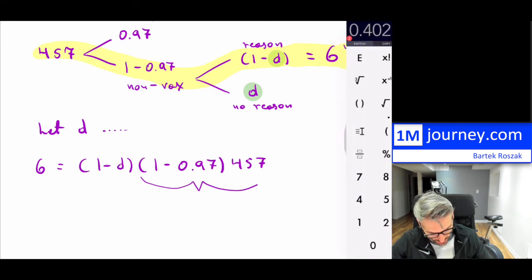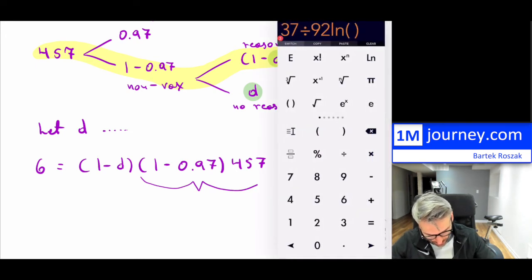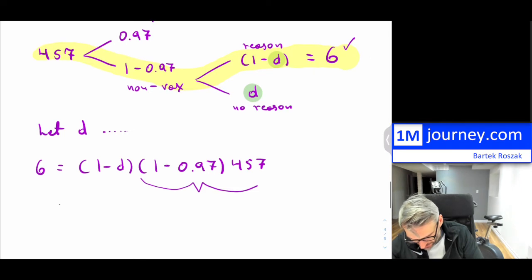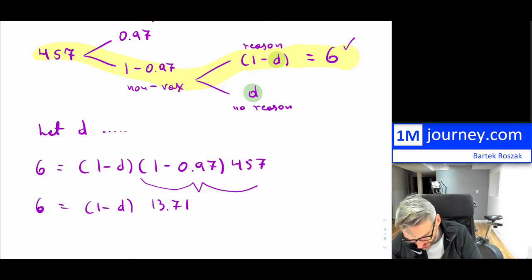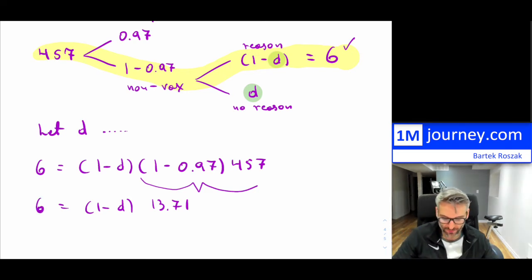So let me do that here. My 1 minus 0.97, that's just 3%. This is 457, so it's 1371. So this is 1 minus, so this is 13.71. I know that you might be tempted to round here. Try not to round initially, although we can't really have 13.71 non-vaccinated people.